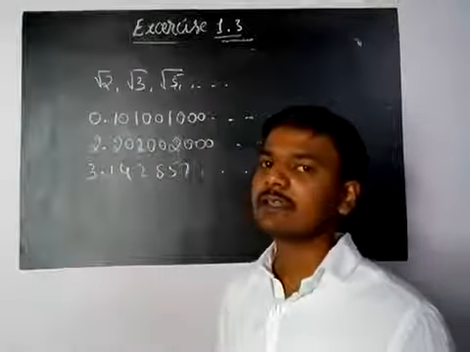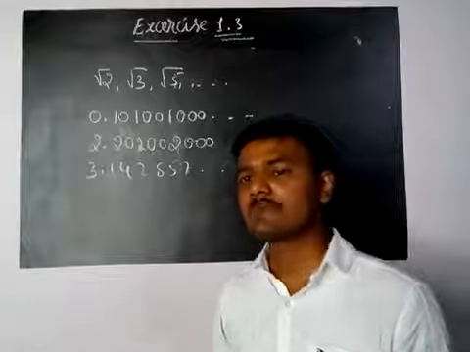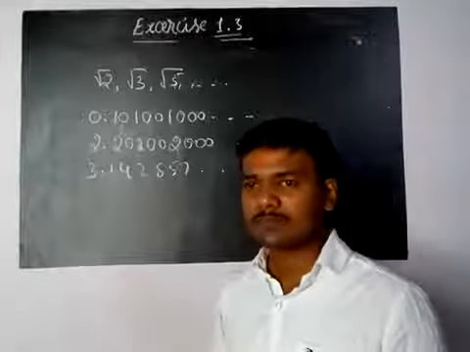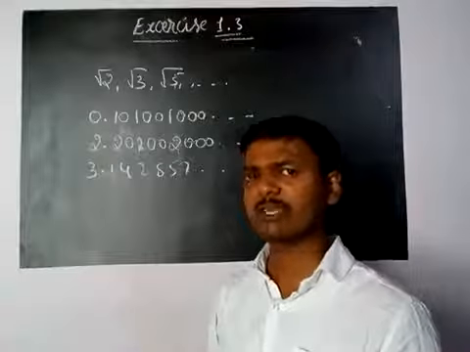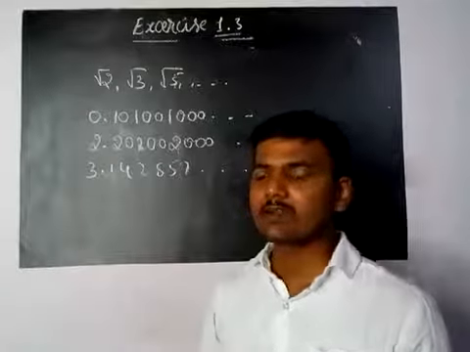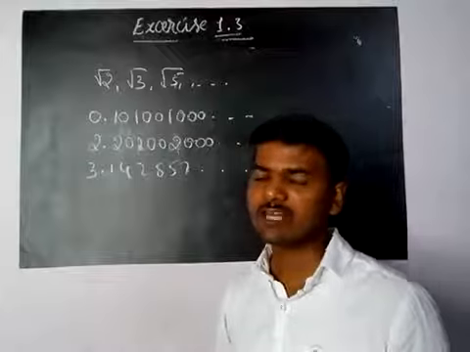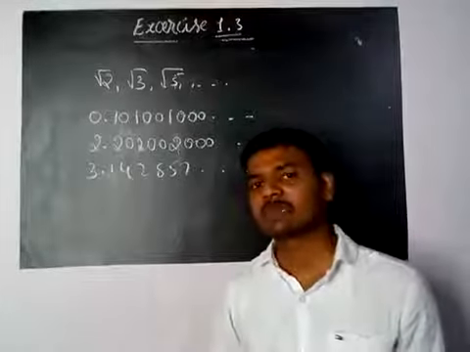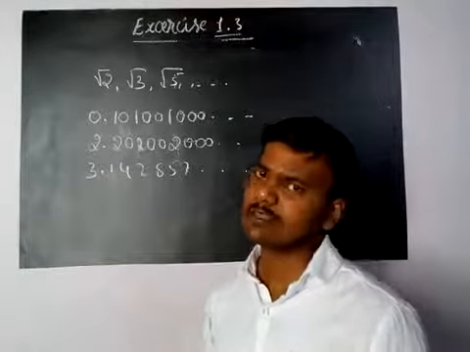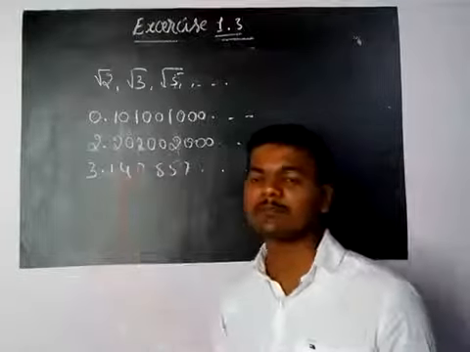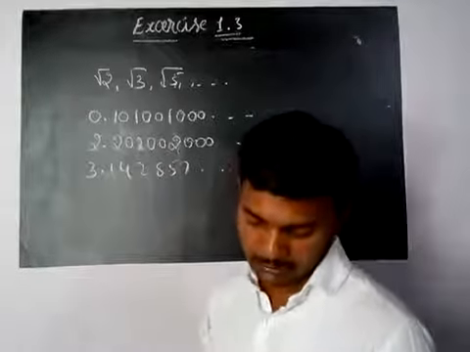These are examples of decimal expansions that are non-terminating, non-recurring. You can give any other examples of this kind. If they ask you to write any 3 such decimal expansions, you may write like this.